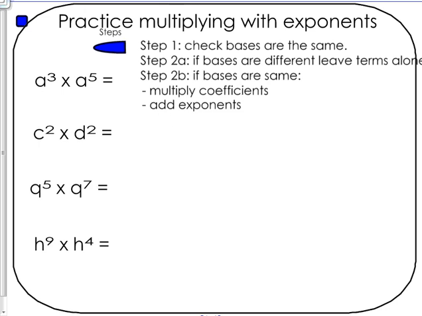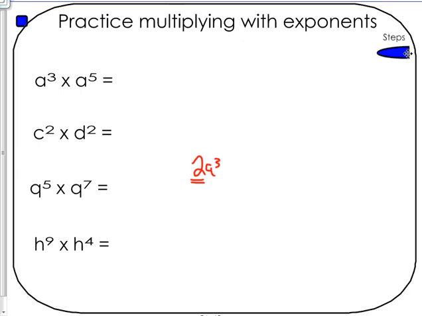Remember, a coefficient is if we have a number in front of the variable, and then add the exponents. All right, so let's do that. So I have a cubed times a to the fifth. Bases are the same, so I'm going to keep, and there are no coefficients, so I'm going to keep my a the same. Add 3 plus 5, and we get 8.